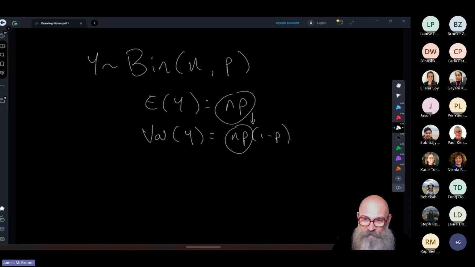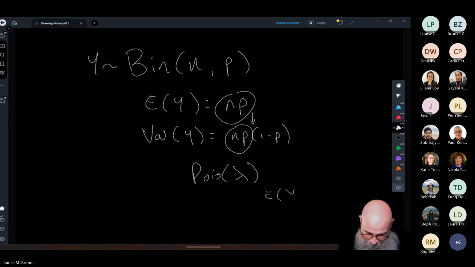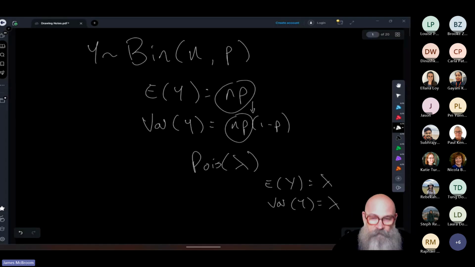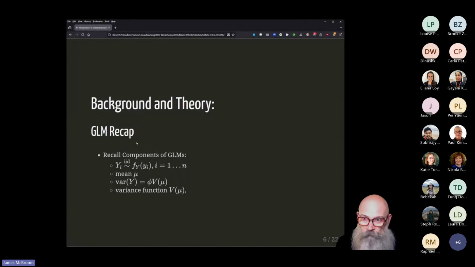The variance will change as the mean changes in the binomial. And that's true in the Poisson, for example, with rate lambda, the mean is lambda, and the variance is also lambda. It's the only statistical distribution that has that property, in fact, unless you make up some sort of synthetic example. But yes, the variance depends on the mean in generalized linear models, and therefore also in generalized linear mixed effects models.